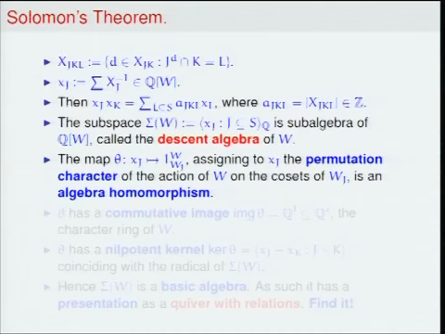And this means that if you multiply two such permutation characters together, you get the same structure constants.